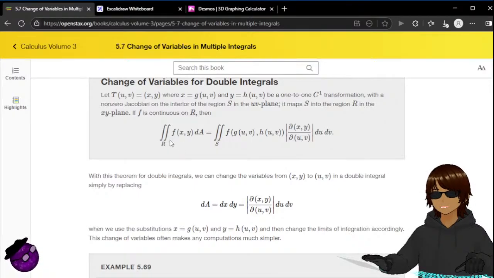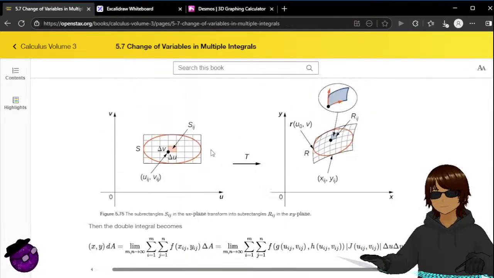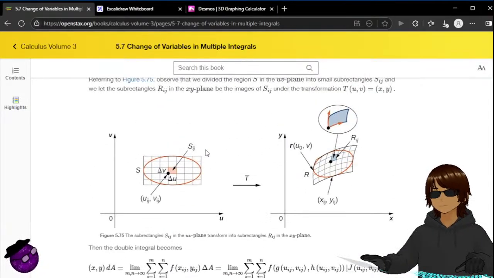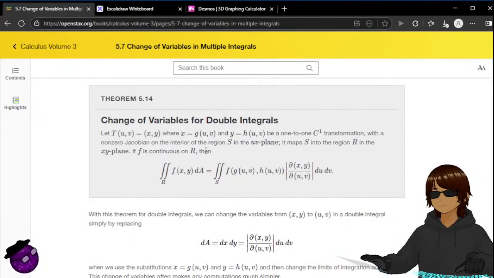So to find the area in xy, you find the area in S. But we don't want from xy to uv, we want from uv to xy, right?